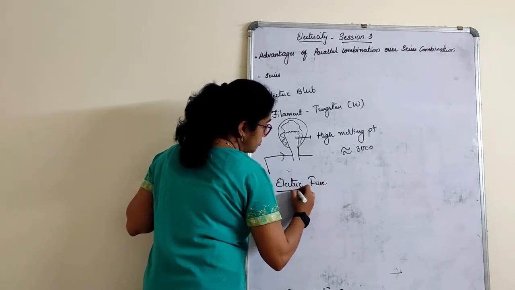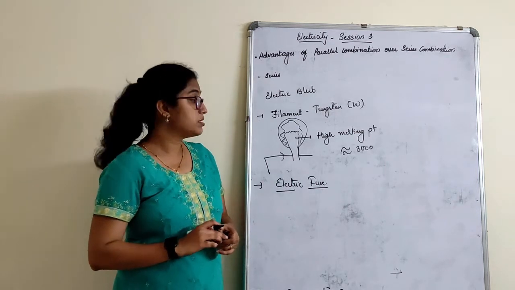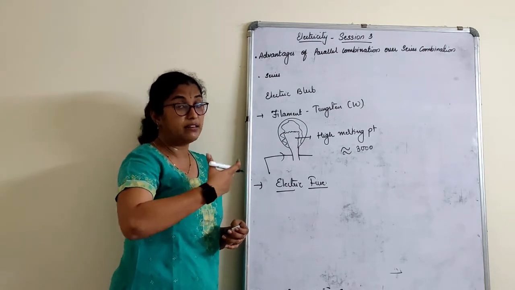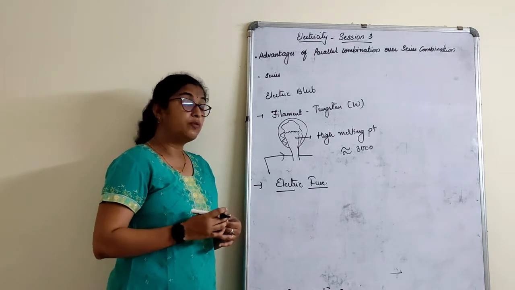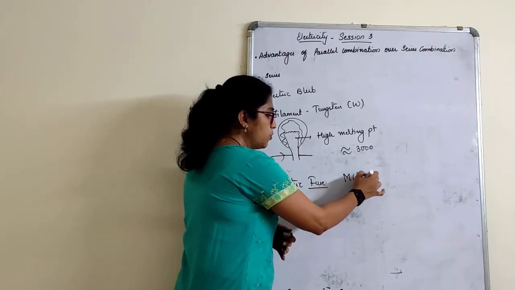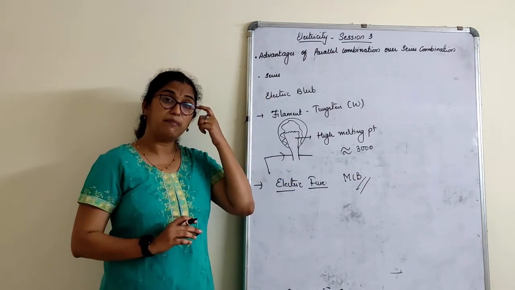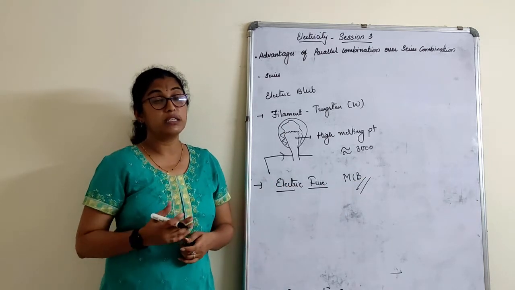What is an electric fuse? An electric fuse is a device which we basically use in our main circuit connection, in our housing circuit, but nowadays it is replaced by MCB, miniature circuit breaker, where a different phenomenon works. A fuse also is there, but most of the time we use this. Usually, a fuse is a device.